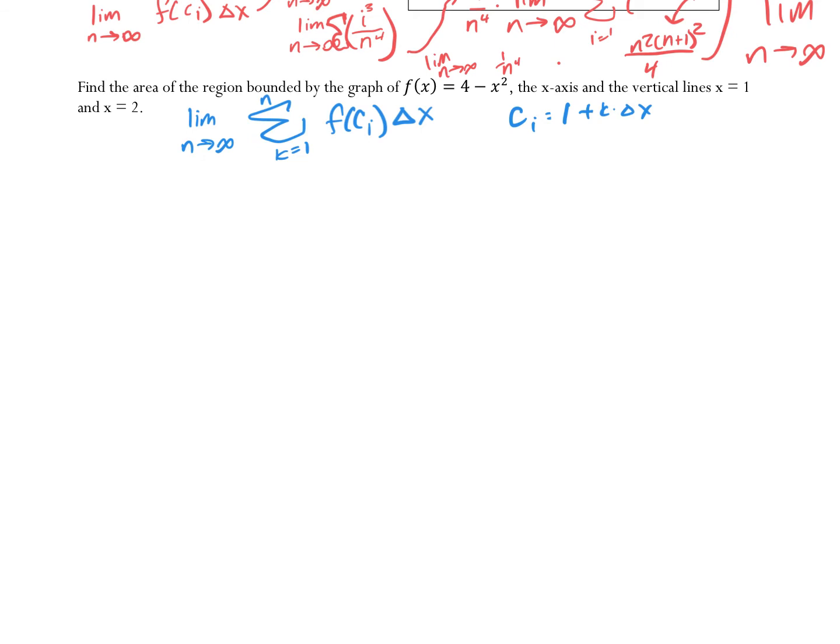And then, can we figure out what delta x is? It would be 2 minus 1 over n. My upper boundary minus my lower boundary divided by n. So now this isn't 1 plus k times delta x, it's 1 plus k times 1 over n.